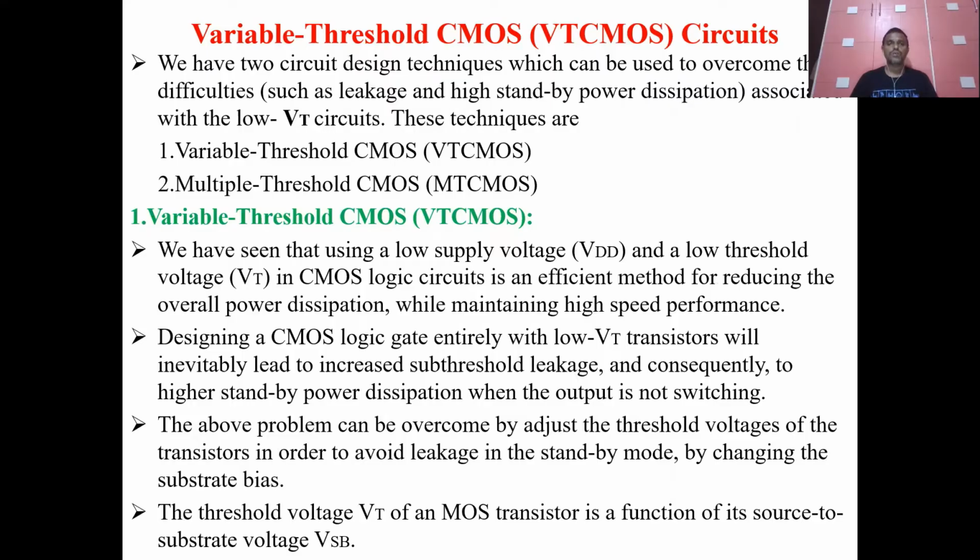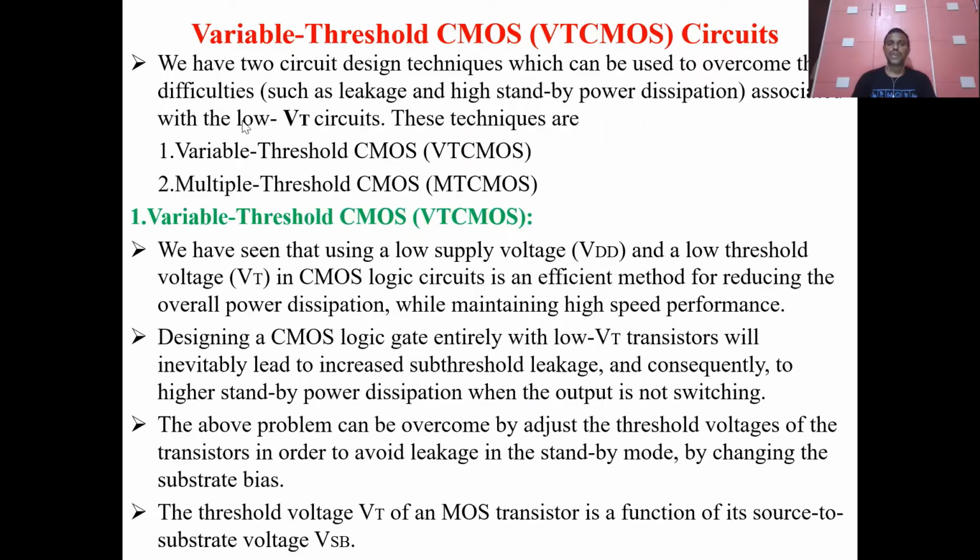Here we are going to discuss two methods: the variable threshold CMOS circuit method, VT CMOS, and the multiple threshold CMOS circuit method, MT CMOS. These are two circuit design techniques which can be used to overcome difficulties such as high leakage and high standby power dissipation associated with low threshold voltage circuits.